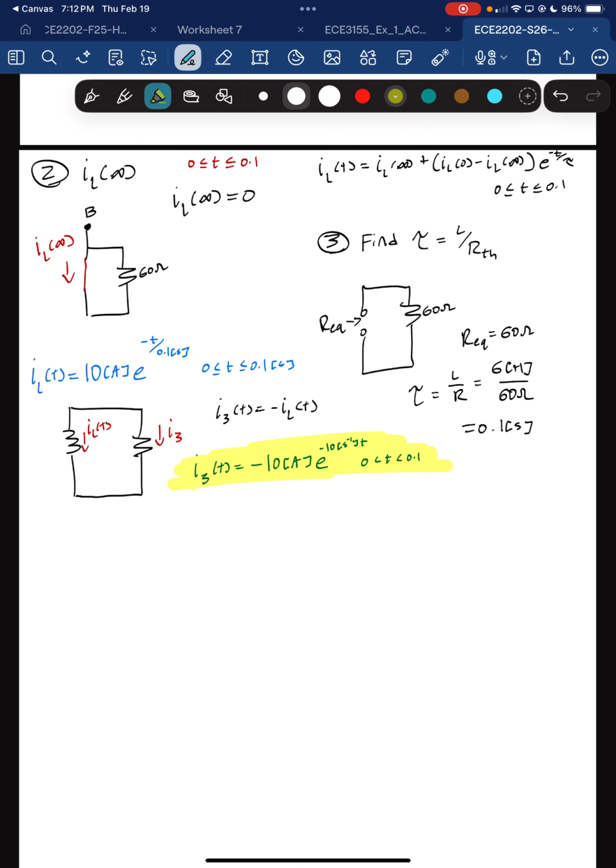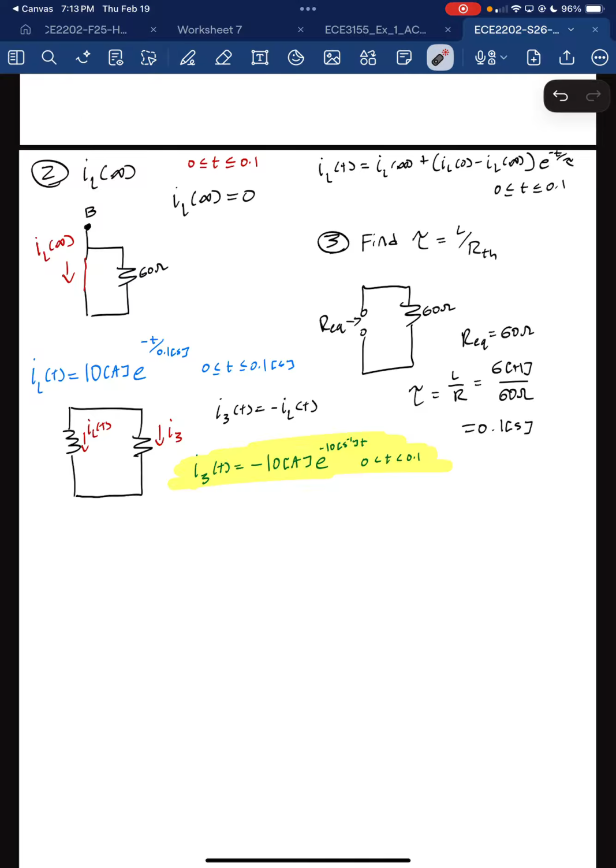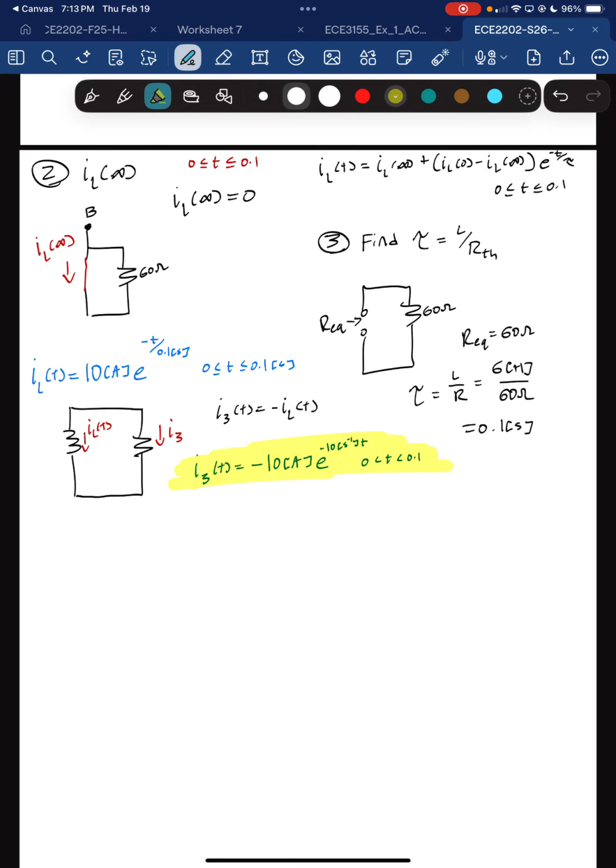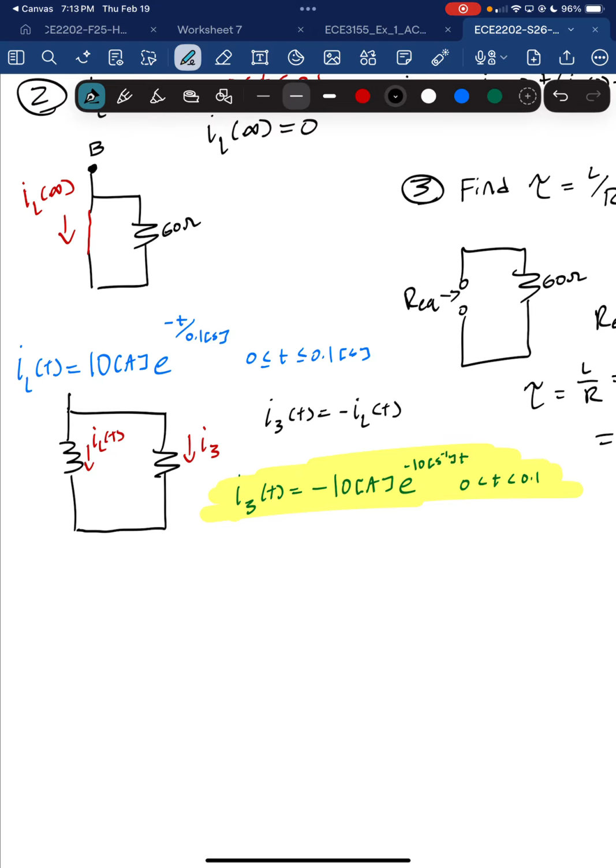Is I3 opposite of IL because it's like this like that? Exactly, yeah. Could you explain the last box, the IL of t, the very bottom left? Yeah, I just essentially redrew the circuit to identify the relationship between IL and I3, right?